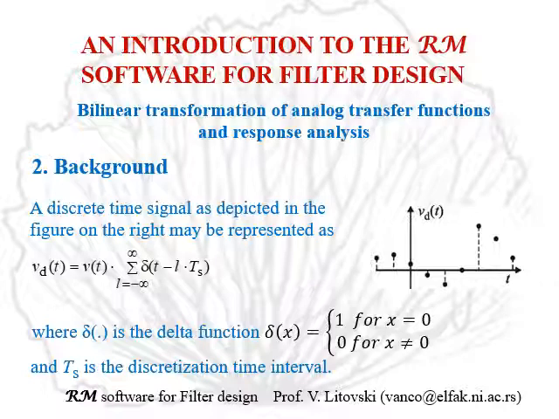A discrete time signal, as depicted in the figure on the right, may be represented as a series of values of the voltage and a sum of delta functions which are shifted in time.